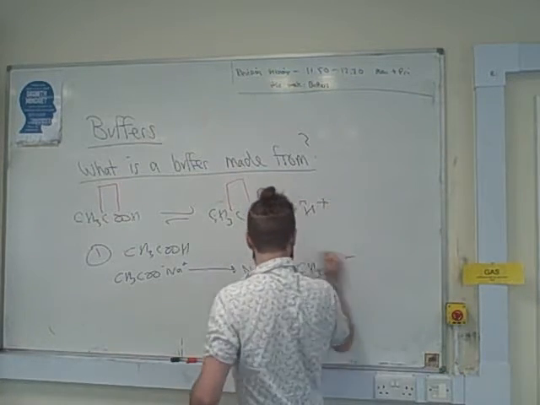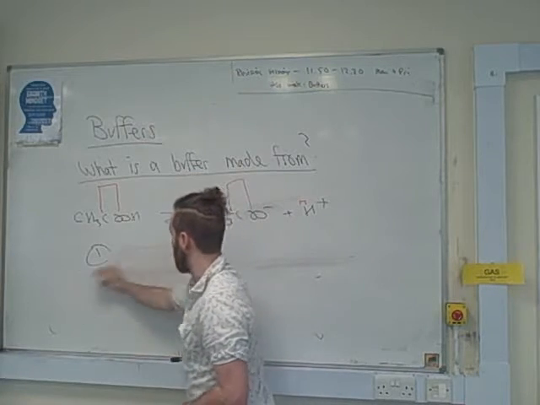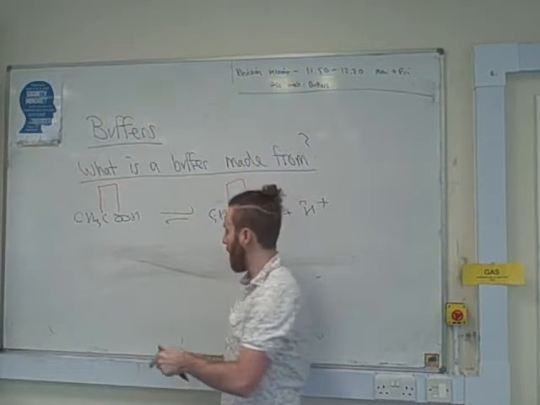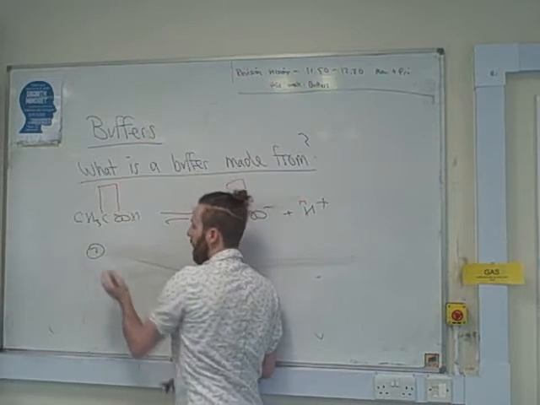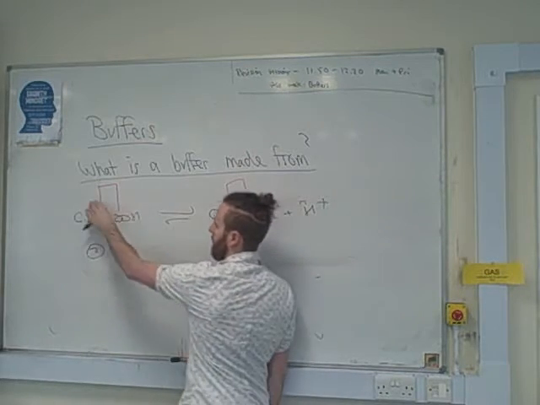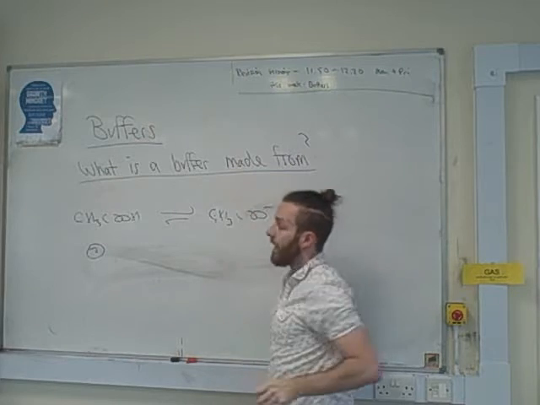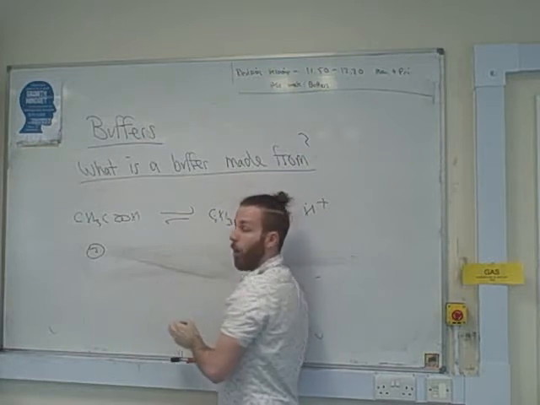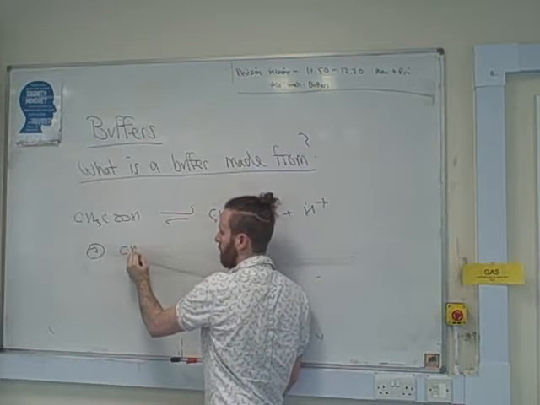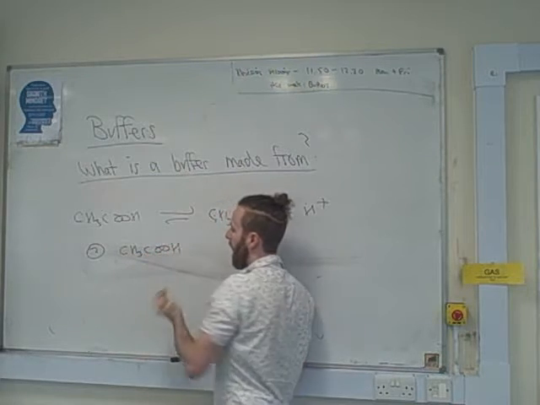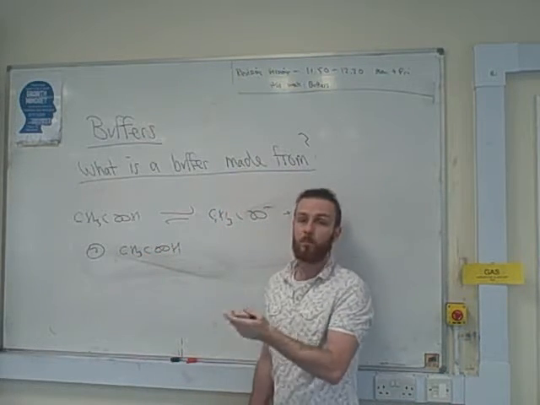There is a second method though, which is the sneaky method. So method number 2. Let me just reset this. Let's say I add a large amount of weak acid, we'll use the same one, and let's say I add 10 moles of this.